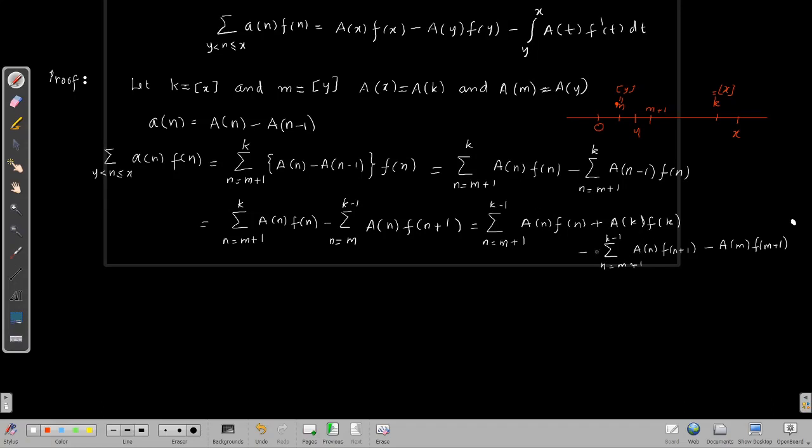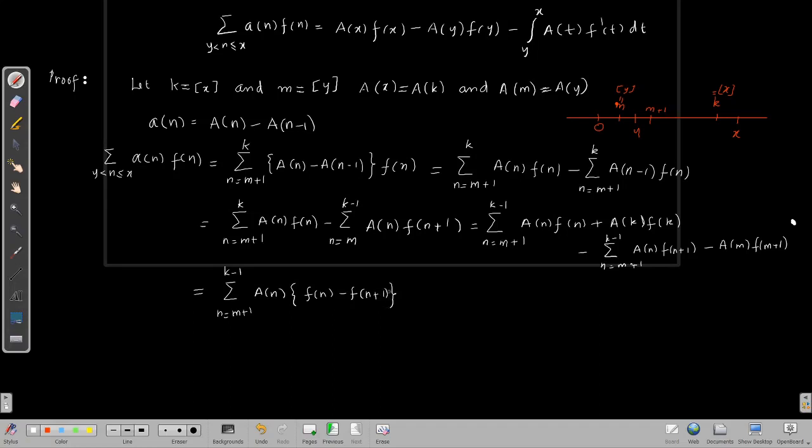So this can be grouped because the summation limits are the same. This becomes the summation n equal to m plus 1 to k minus 1. We can group these two, so that A of n can be taken out from those two terms, times f of n minus f of n plus 1.